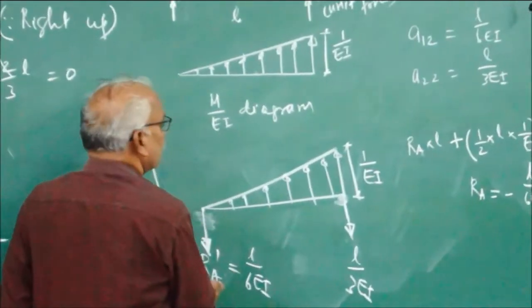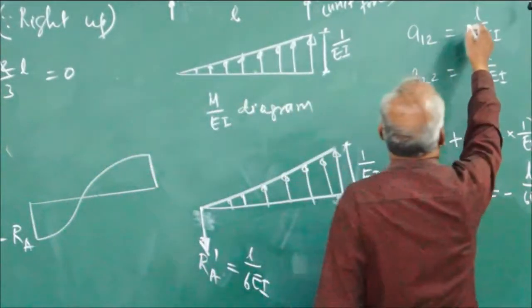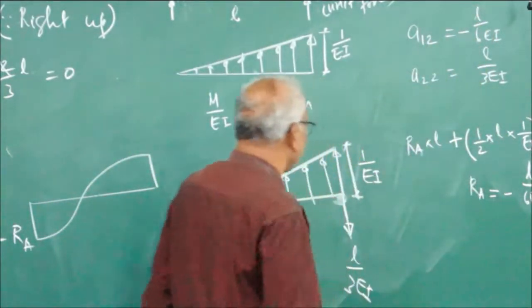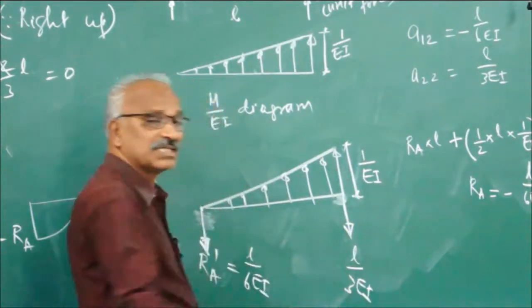Therefore, A12 is minus L by 6EI. A22, it is right down. Right down is positive.